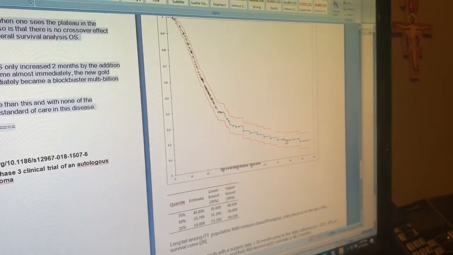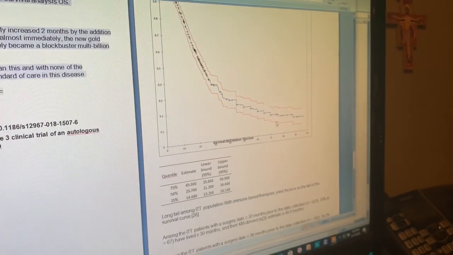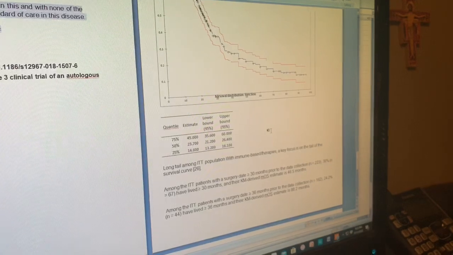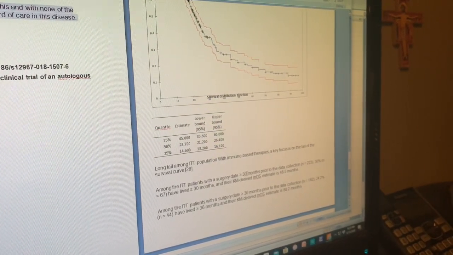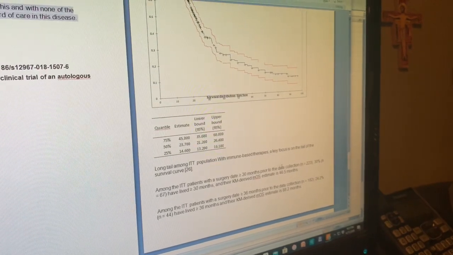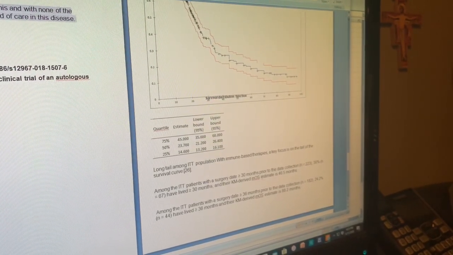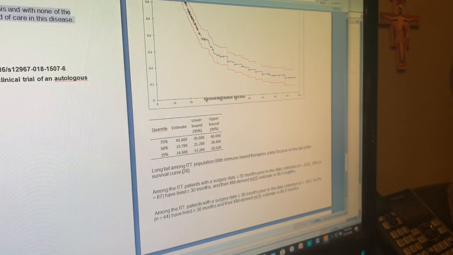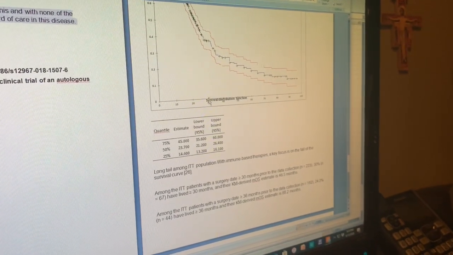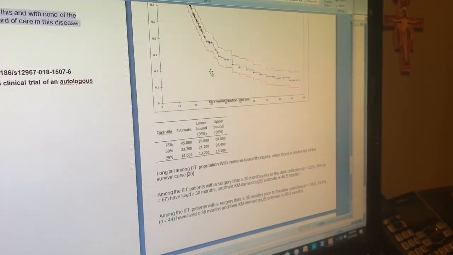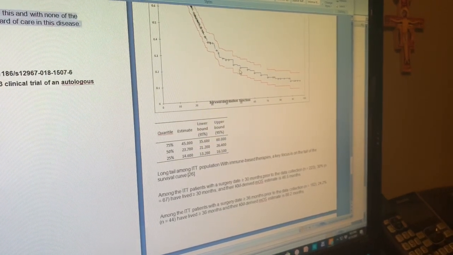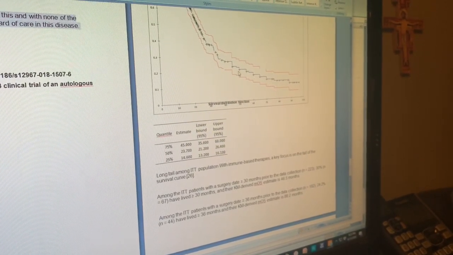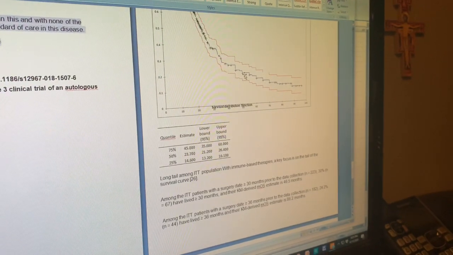But the article did give us 2 parameters that we can comply with. It showed that for patients who had surgery greater than 30 months prior to data collection, the Kaplan-Meier median overall survival was 46.5 months. So at 30 months, you come up here halfway, and it comes right at about 46 months. That one we tried to comply with.